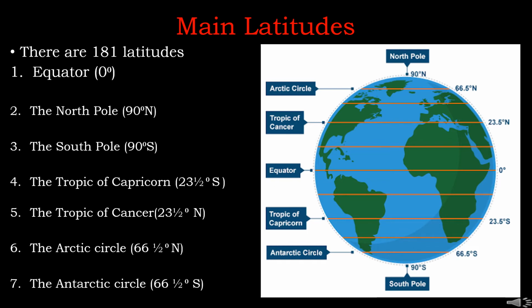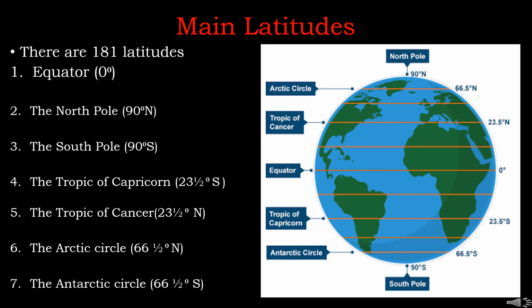The third one, the South Pole, is located at an angular distance of 90 degrees south of the equator. The fourth one, the Tropic of Capricorn, is a line of latitude located south of the equator at 23.5 degrees south. The Tropic of Cancer is a line of latitude located at 23.5 degrees north of the equator.